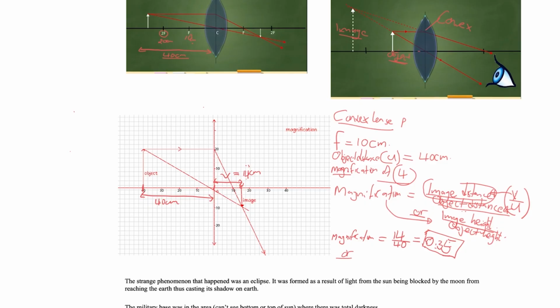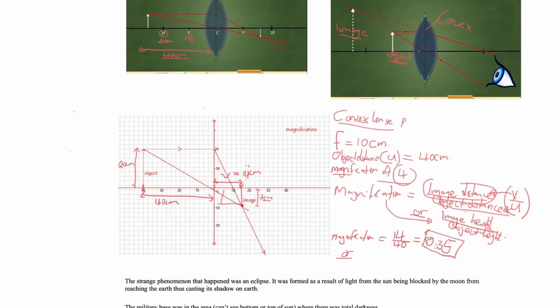Or you can use another approach. You can use this object. First, use an object of 20 centimeters. Now when you try to measure this image, the image height can give you 7 centimeters.